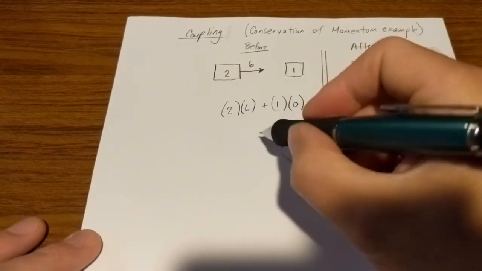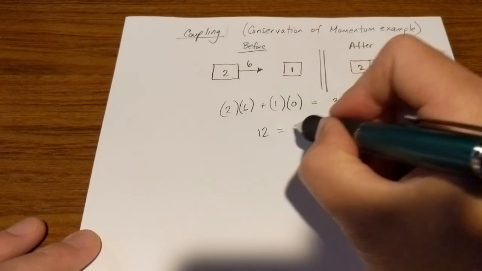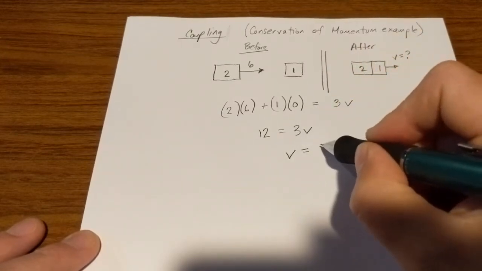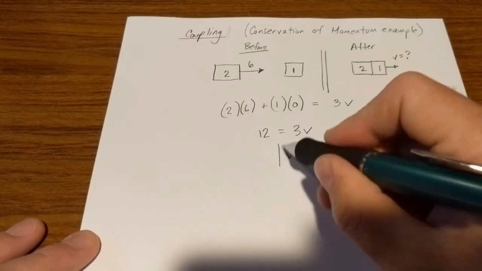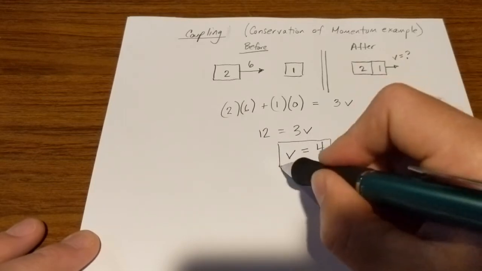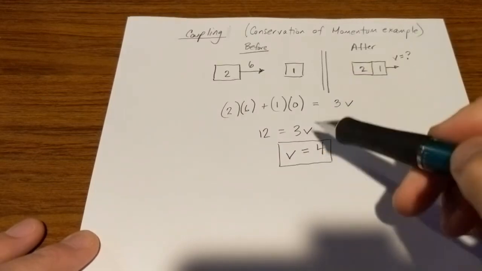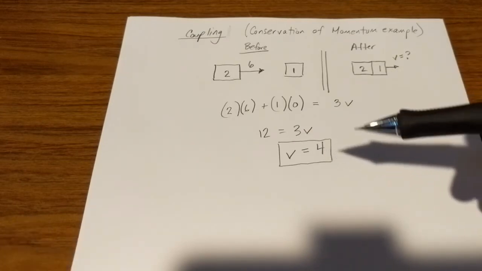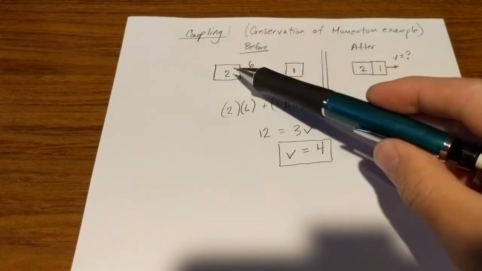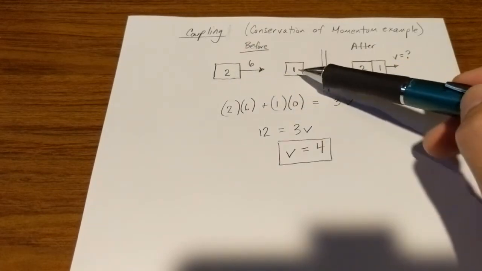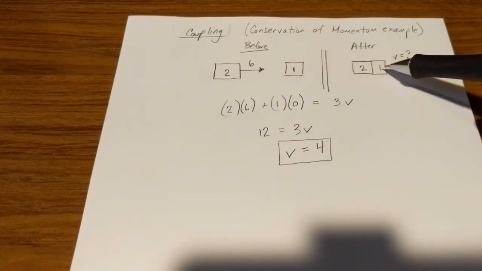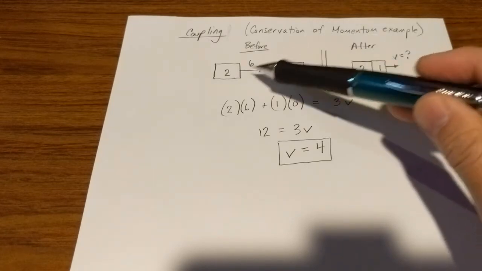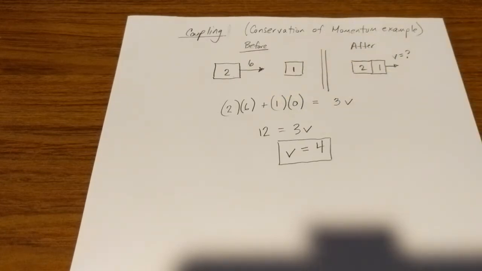In this case, we end up with 12 equals 3v, or that the velocity will be 4 for the combined or coupled masses in the after state. This again lines up with our reality, as you just saw a heavy car hit a lighter one, and when they coupled, the coupled pair of them slowed down compared to how fast the original one was moving.